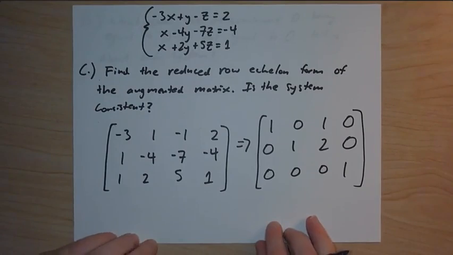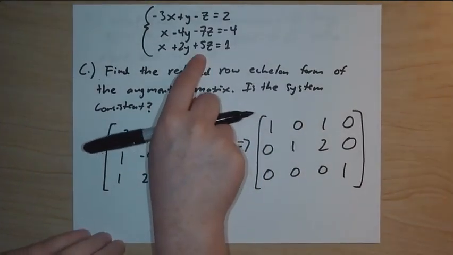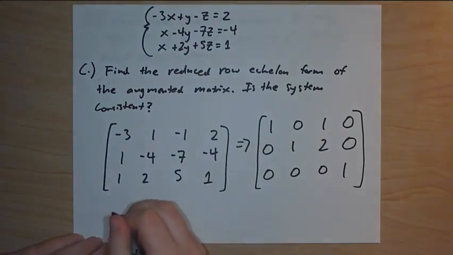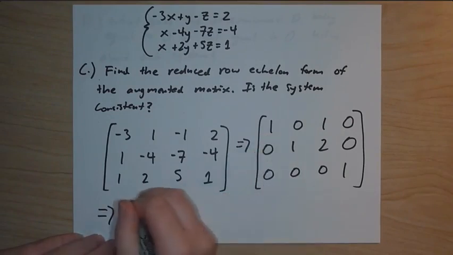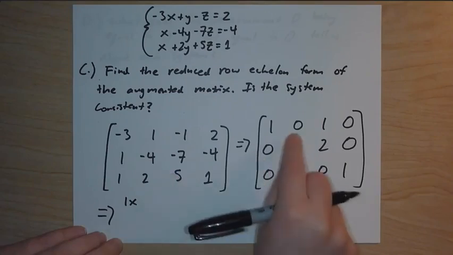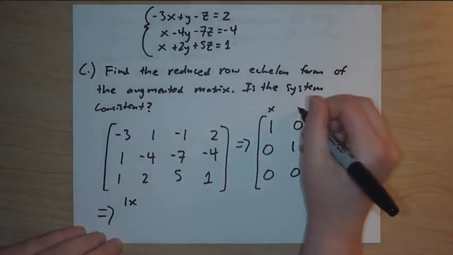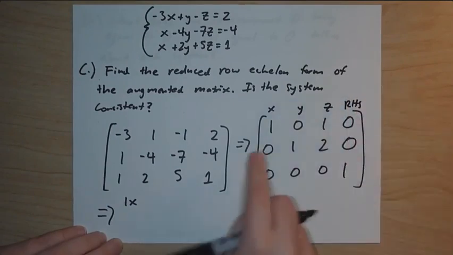So just like example 1, we can retranslate this back into a system of equations. So if we do that, we get 1x plus 0y. I'm not going to write that, but this is plus 0y. This is the x column, y column, z column, and then the right-hand side, or the constants column.